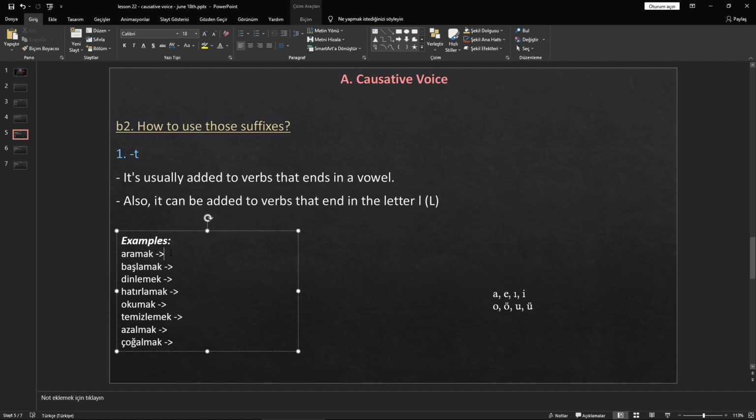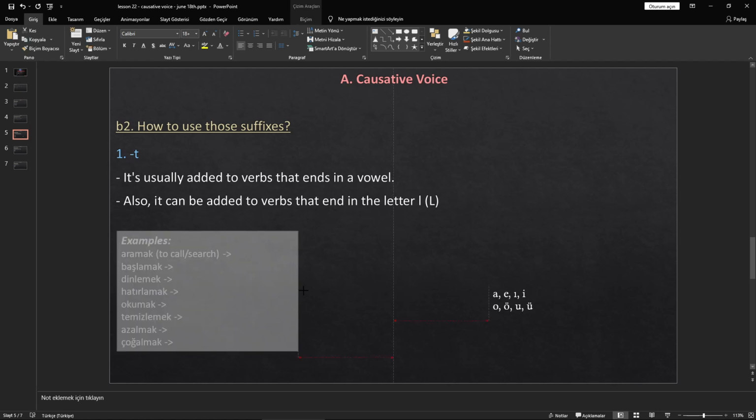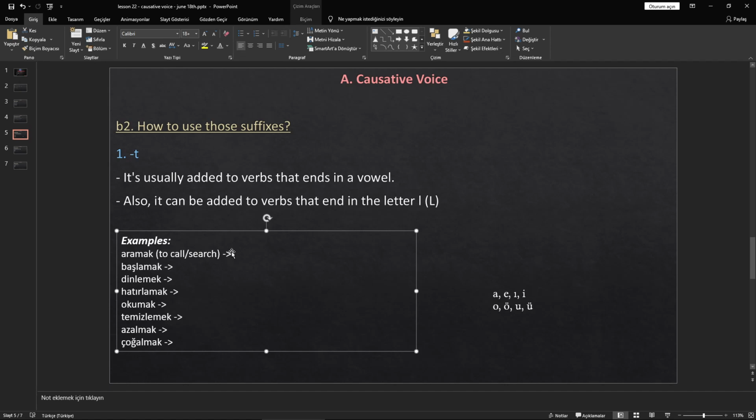Okay, so aramak. How will I say ara? Aramak means to call or search. Things have multiple definitions most of the time. Yes, Megan, you are correct.